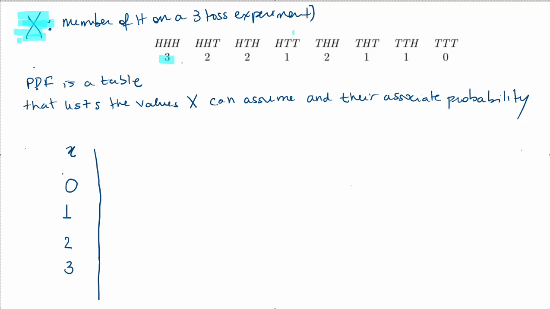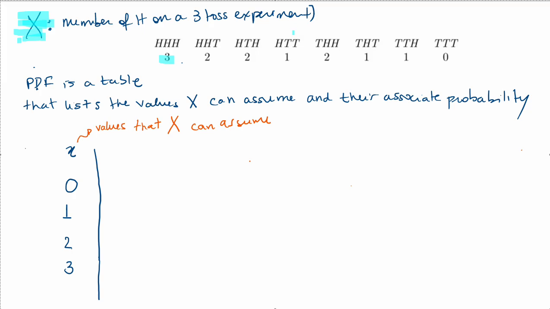And usually you will see this column with a little x. My capital X is like this. My little x is like that, okay? So you will usually see a little x in that column, meaning that you're listing the values that your random variable, which is capital X, can assume, okay?